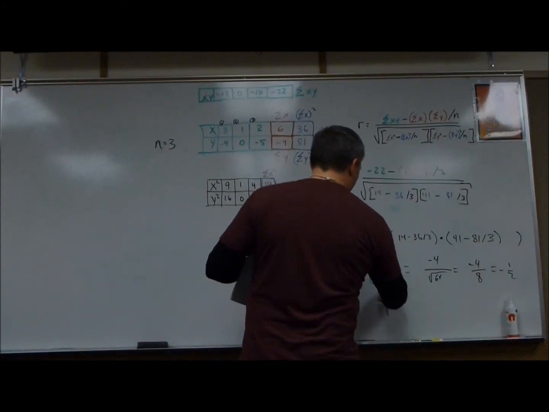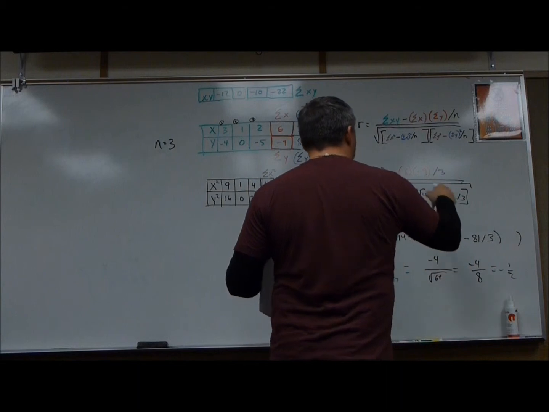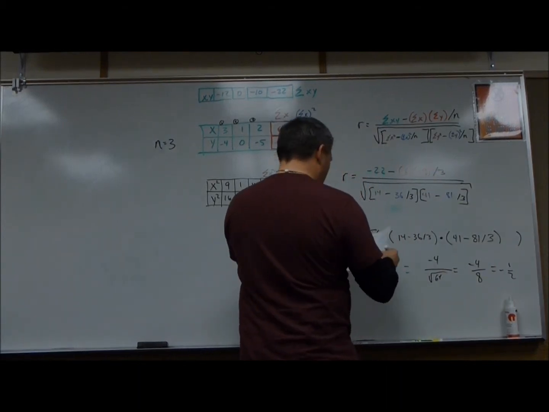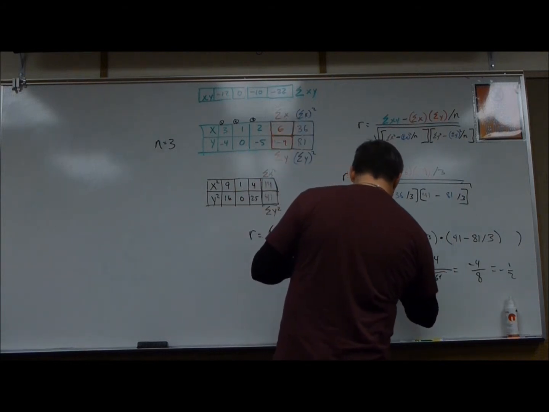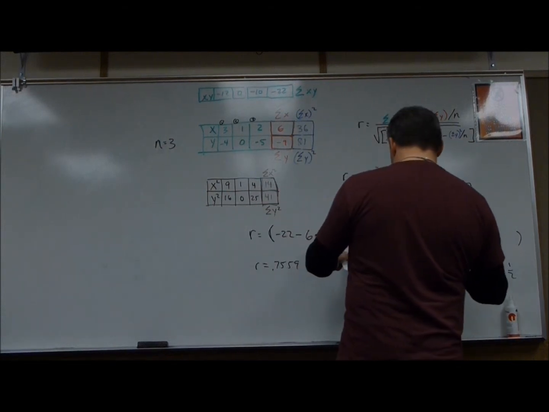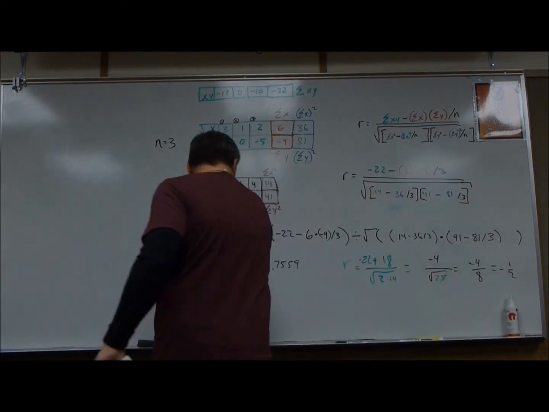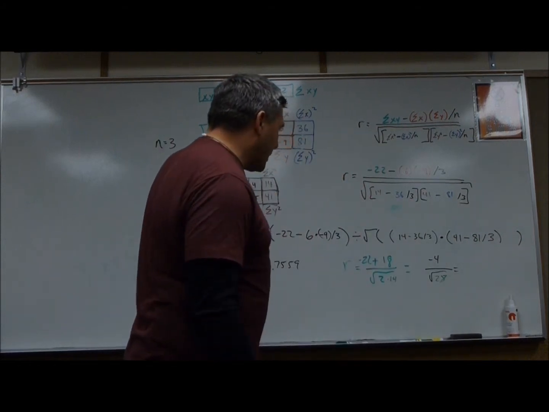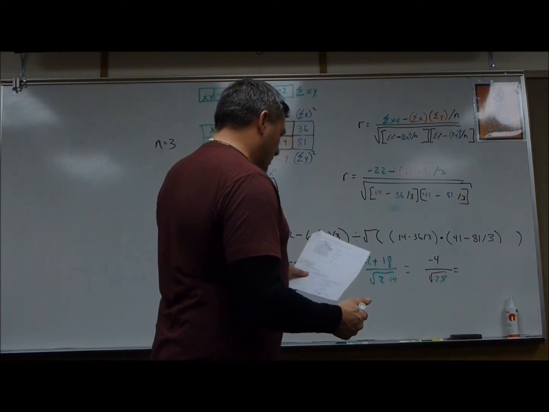So that's 27, right? 27 minus 41, which is 14. So then we have the square root of negative 4 over the square root of 28. Okay. There we go. And then it equals negative 0.7559.